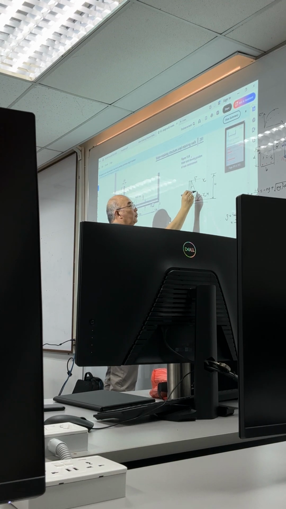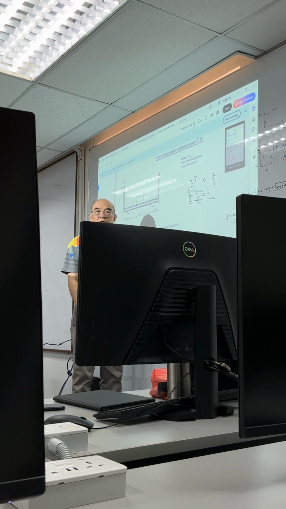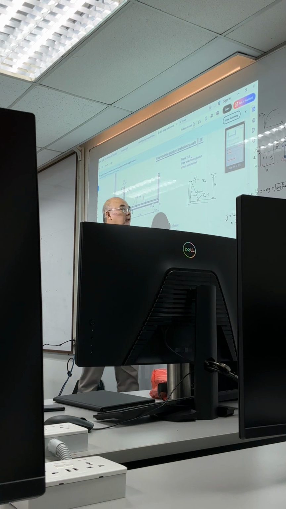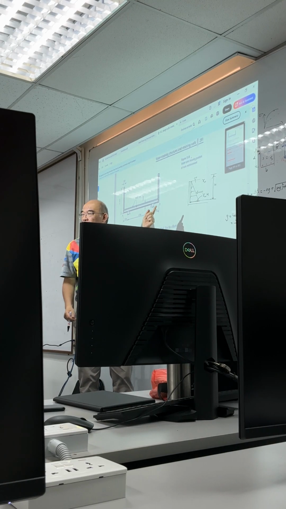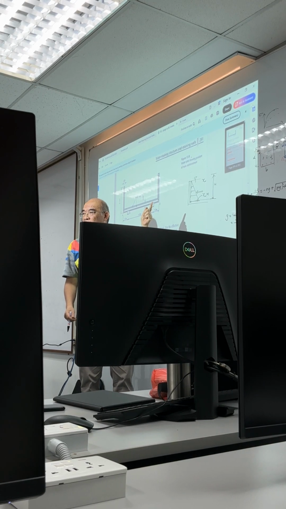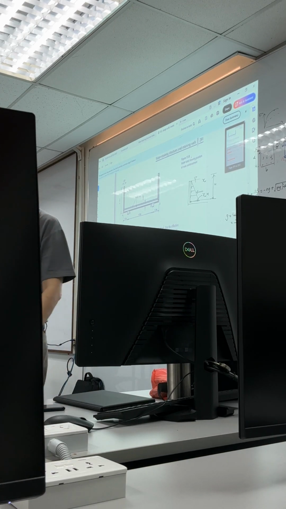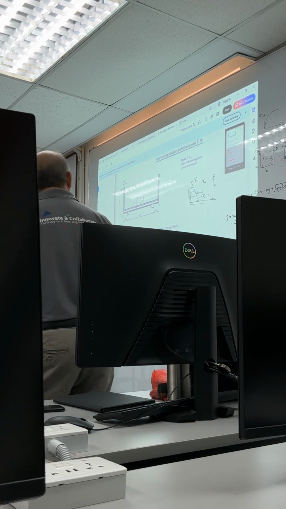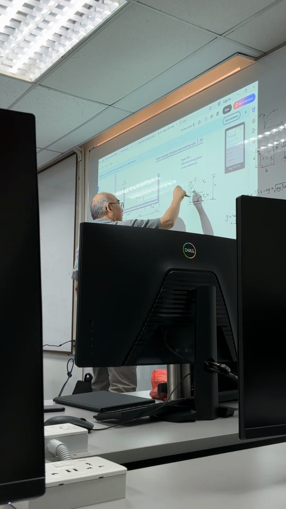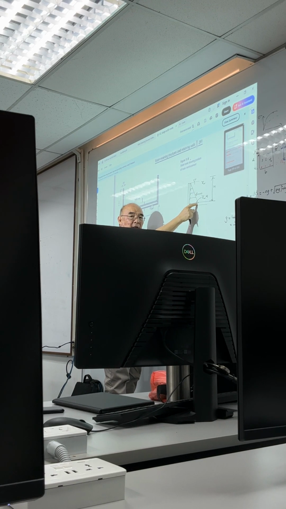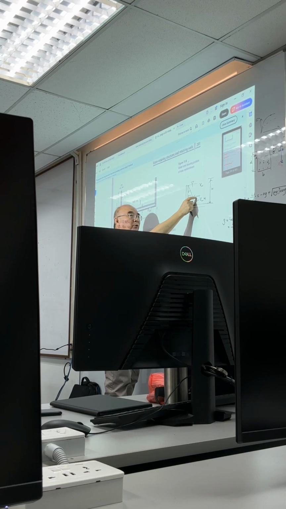And then you have the equivalent force. How do you calculate the equivalent force? If I know my stress is 0 here, and my maximum stress is gamma w h, how do I calculate the force?